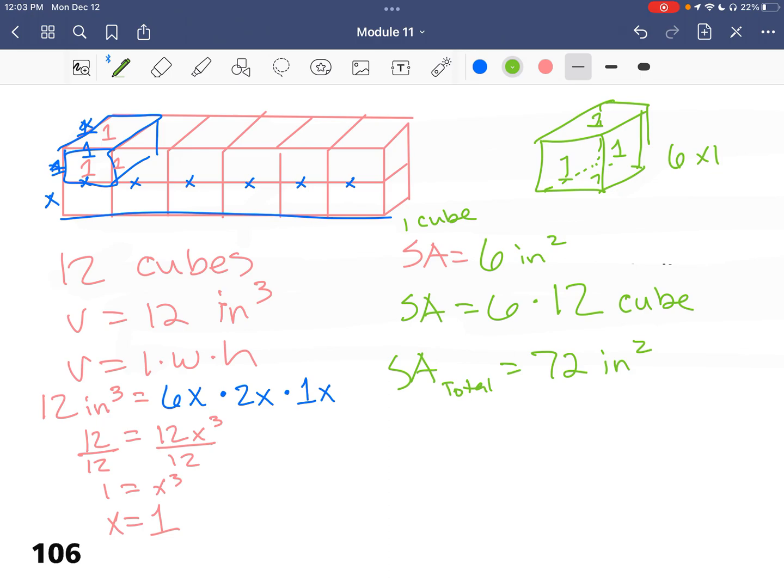You could have found the area of the whole object, knowing that all of these x's are 1, and done this like as a front face, and that would have been the same on the back, and then added up like the sides, and then done the top. Or you could have done it like we did, find the area of 1 little cube, and then multiply that by the 12 cubes that we know are in the ice cube tray.